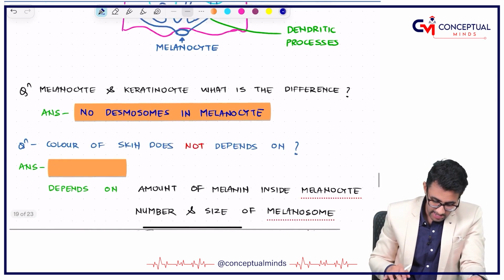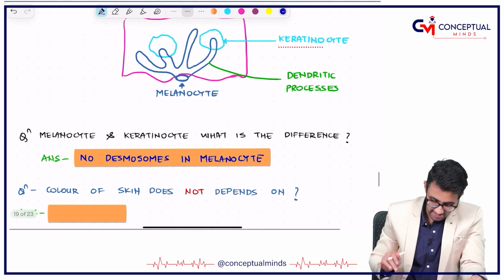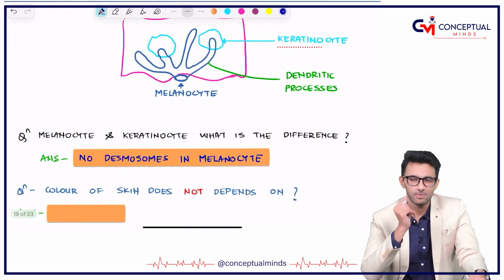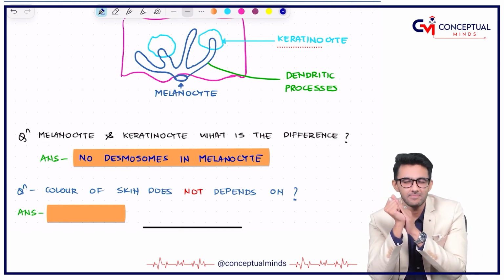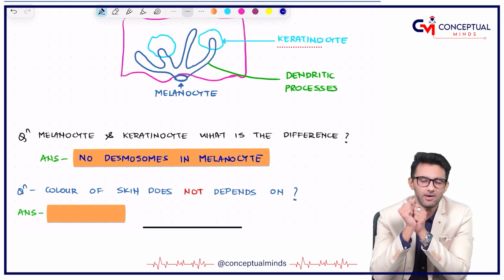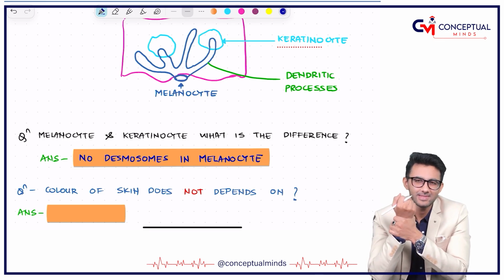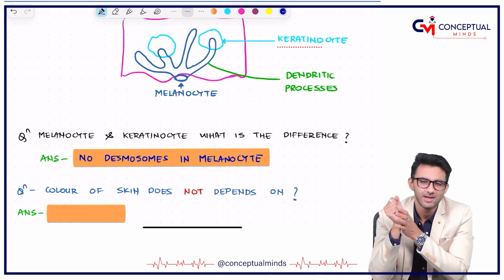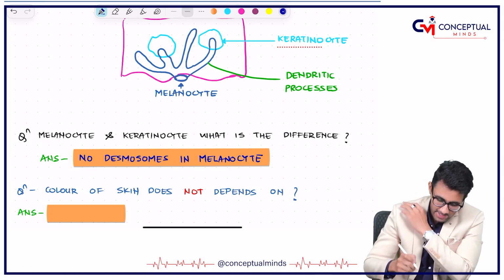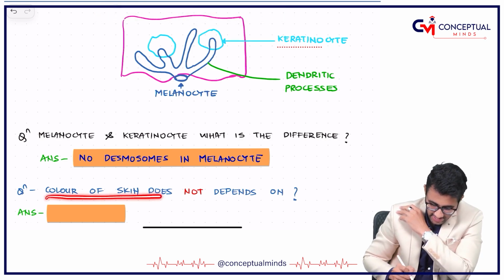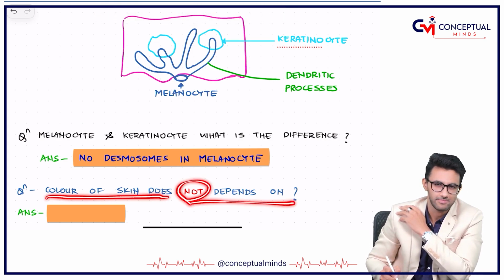Let us move on to the next question. I hope you didn't see the bottom part of it. So color of the skin depends on what? The million-dollar question, right? We read the question carefully: the color of the skin does not depend on what?